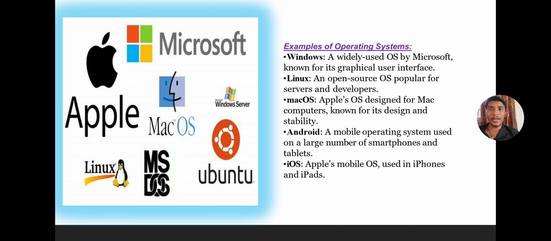Then Mac OS, Apple's OS designed for Mac computers, known for its design and stability. Then Android is a mobile operating system used in a large number of smartphones and tablets. Then iOS, Apple's mobile OS used in iPhones and iPads.